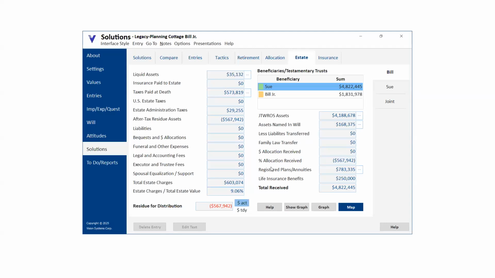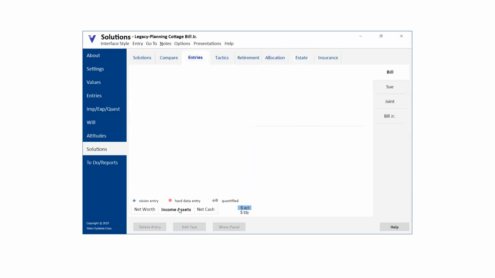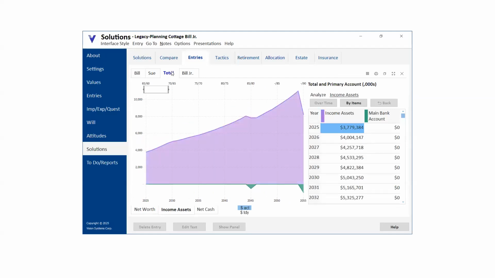When I was just playing with the planning tactics, one of the things that I more or less stumbled across, so if we go to income assets, you can see here that this negative amount in the bank account represents the negative value of Bill's estate as a result of taxes on his death.